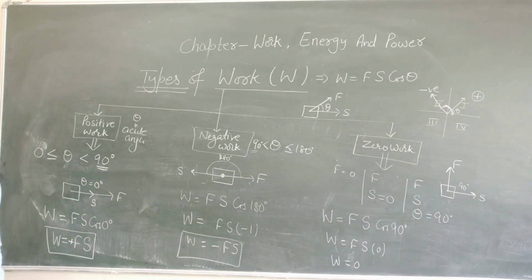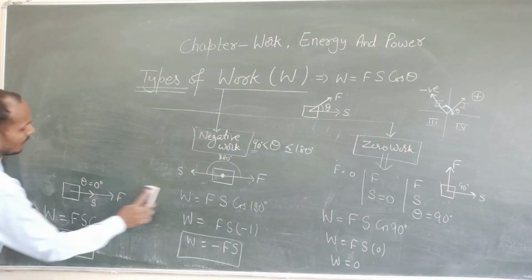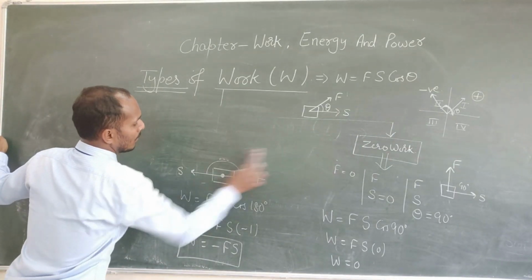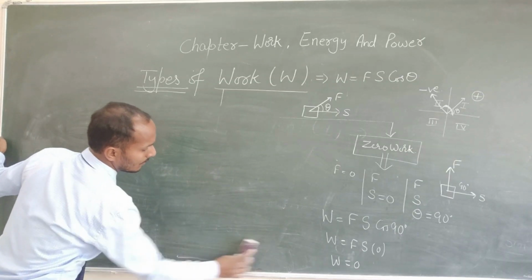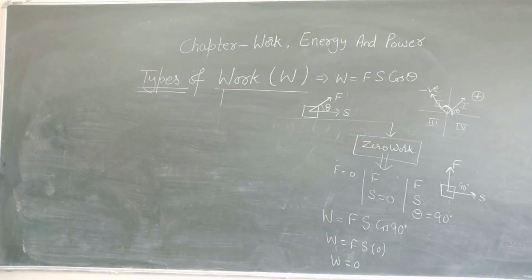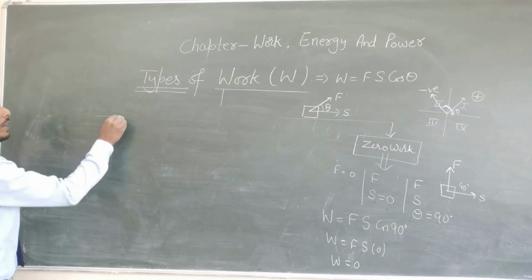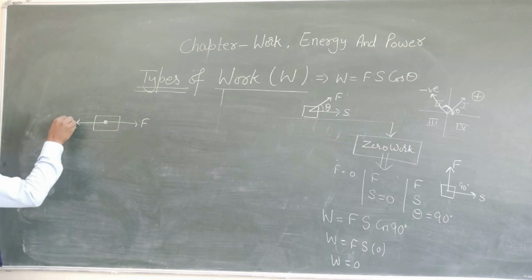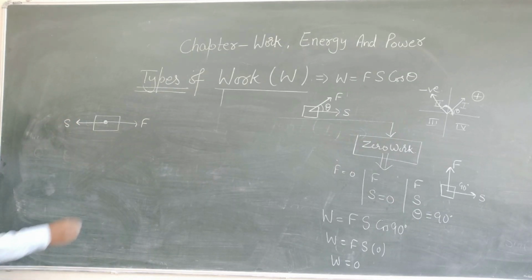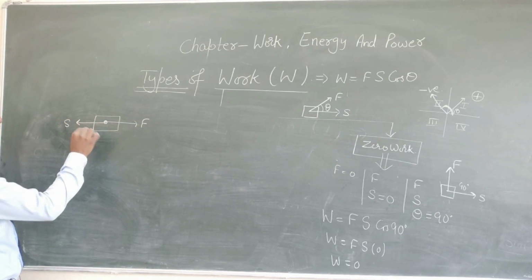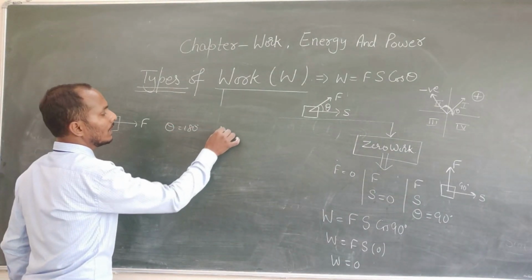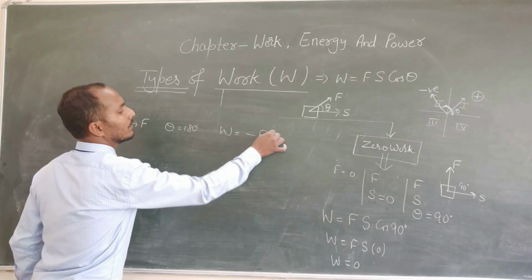A body is said to have positive work, negative work or zero work as follows. When you apply a force on a body and the body is displaced in the opposite direction, the angle is 180 degrees, then work is minus Fs.